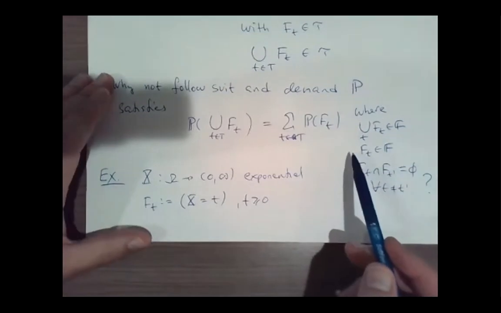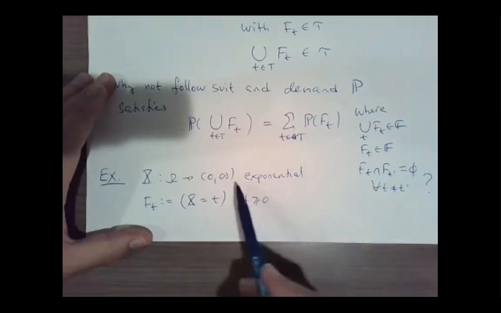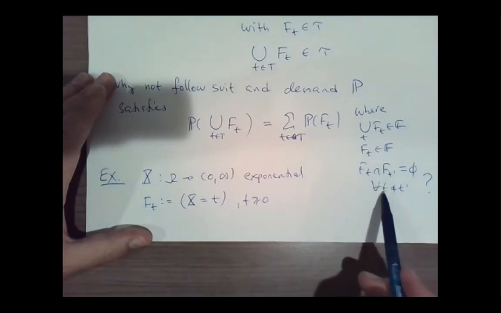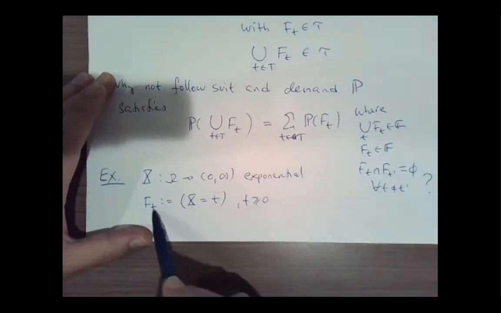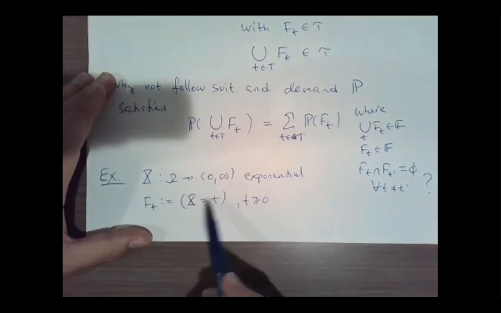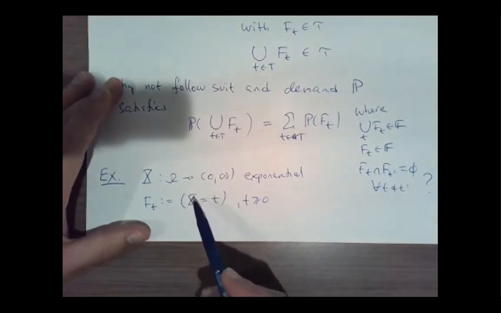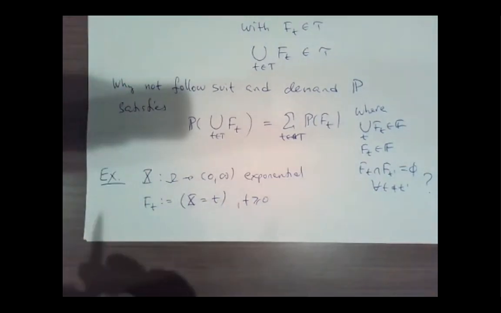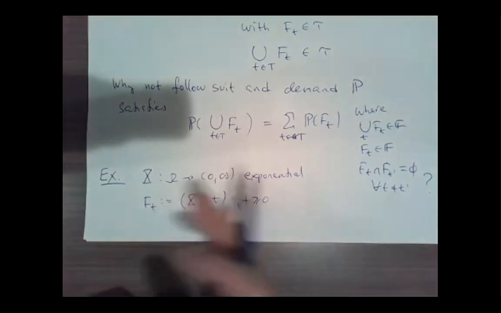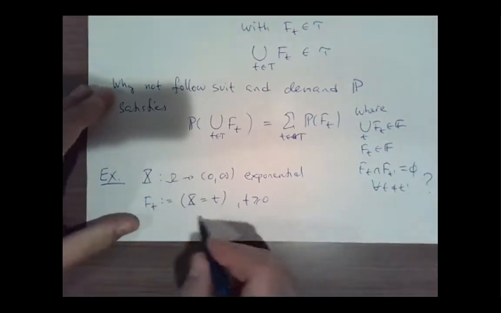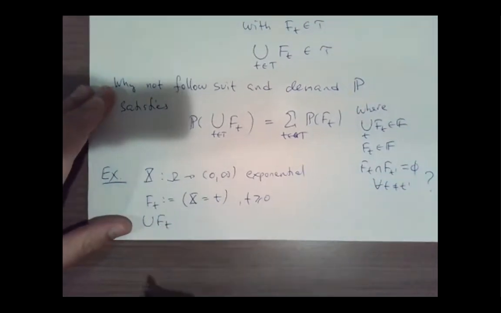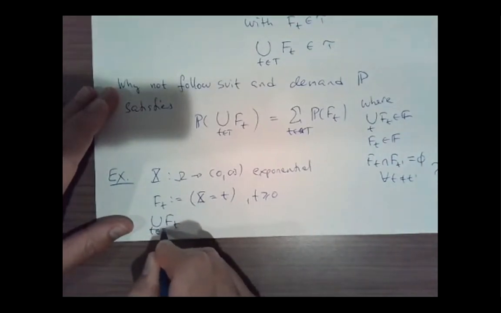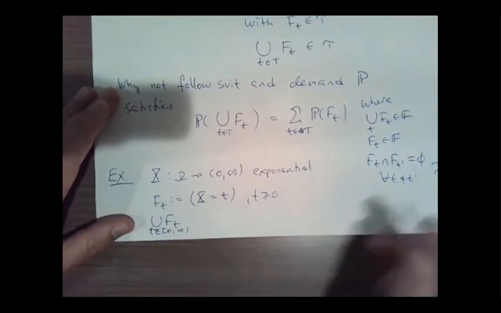Whenever I intersect two different values of t, these two sets here are going to be disjoint because X cannot both take the value if t is equal to 1 and t prime is equal to 2. It cannot take the value 1 and 2 at the same time. So these are going to be disjoint. It's going to be the case that the union, what's the union of all the F_t's?